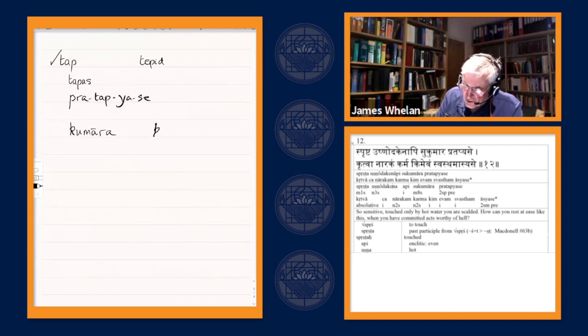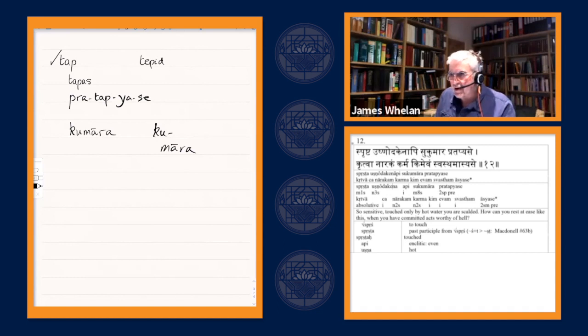The prefix ku often means bad, and mara from mri, to die, but it's nothing to do with that at all. It's just coincidental that it looks like that. In fact, it has rather the opposite meaning. So the kumara generally means a young man, but with a subtext of a young man of noble family, and often used to mean a prince.